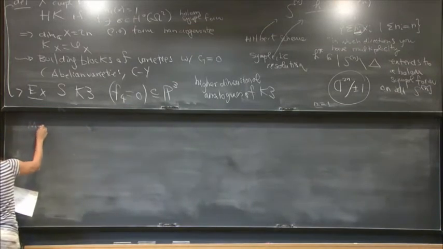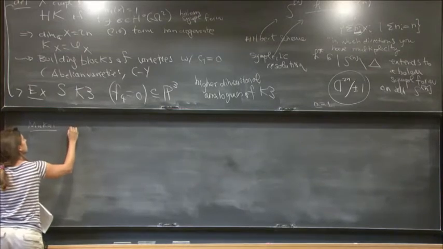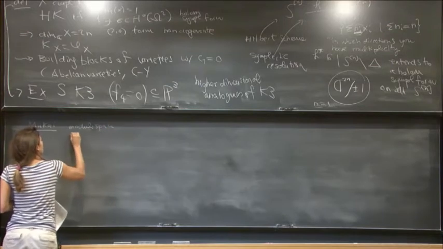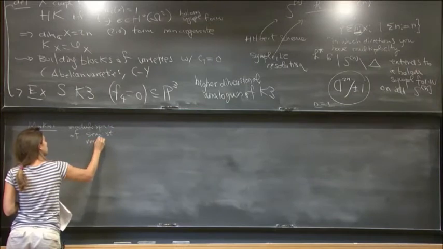The other examples are when you take moduli spaces of semi-stable vector bundles.